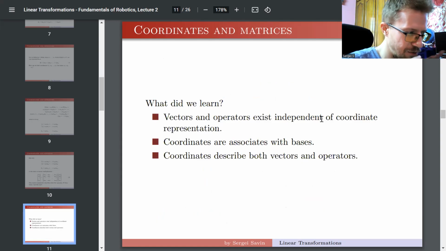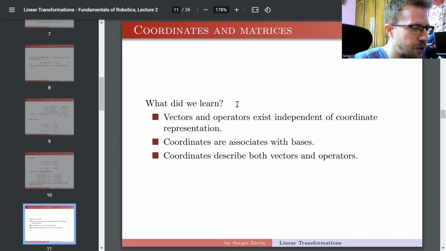let's just look at it, and then just a little bit more algebra, and then we'll go into mechanics. Okay, so what we learned is vectors and operators exist separate from the coordinate representation. When I say separate, what I'm trying to say is you don't have to think about coordinates.